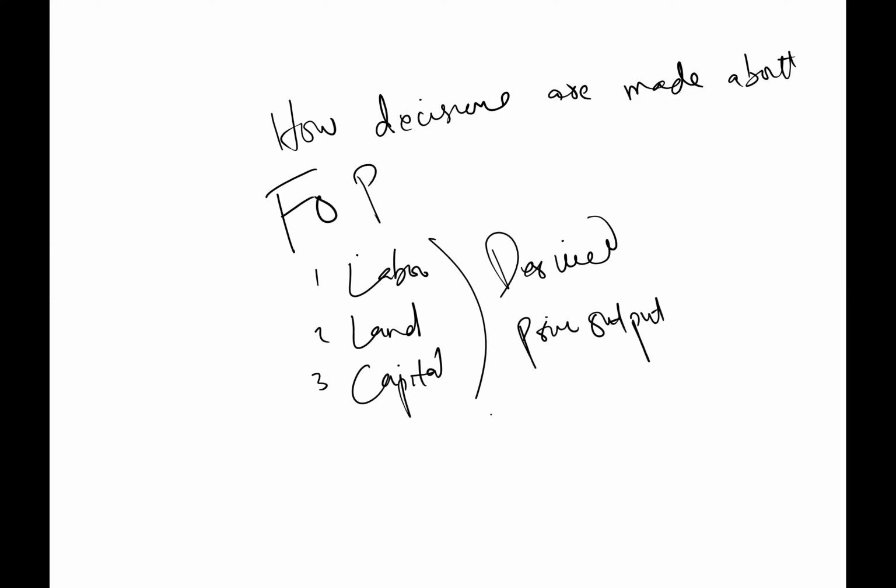So apple picking labor, land available for apple farm, tools available for picking the apple. Their demand depends on the price of the apple, which is the derived demand. And their supply depends on the availability of labor, land, and capital, right? So this is the demand.